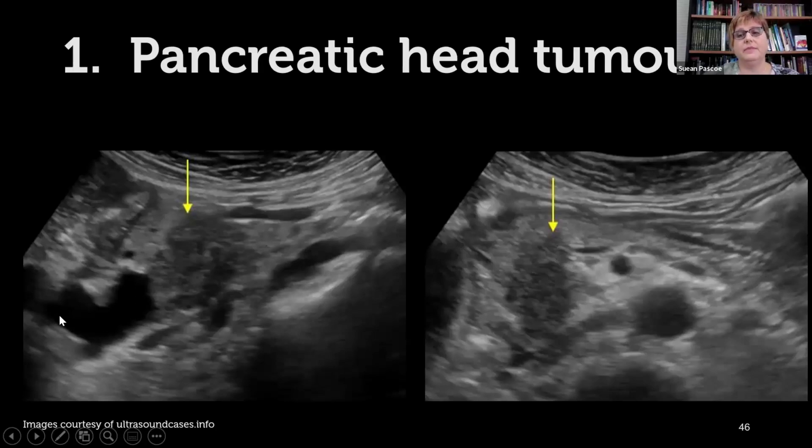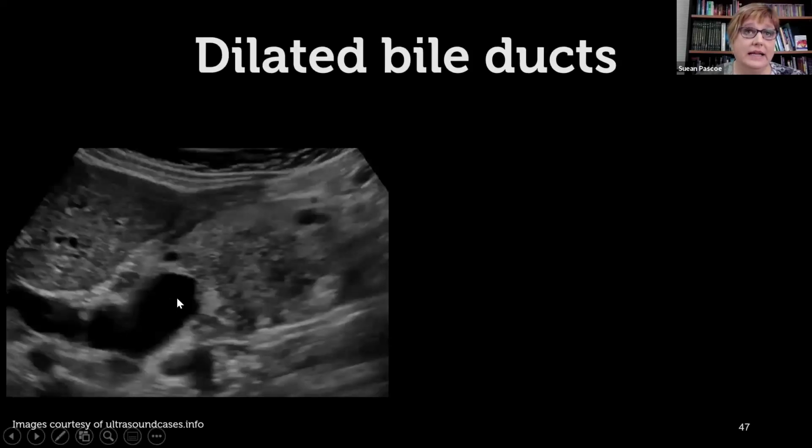And as we go on to the next pictures, that big dilated bile duct is highly suggestive for a mass in the pancreatic head, even if you didn't see the actual mass itself. The tumour itself can present as that hypoechoic structure, but it's more the effects of what the tumour is doing that we can see quite clearly on ultrasound.